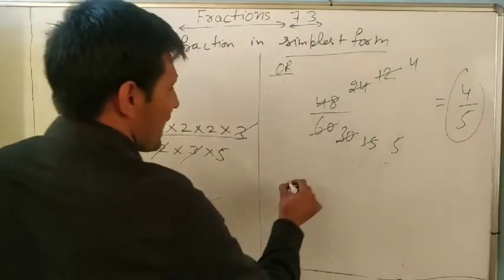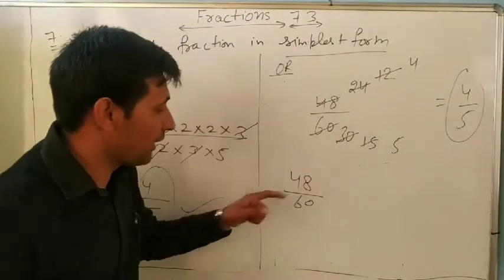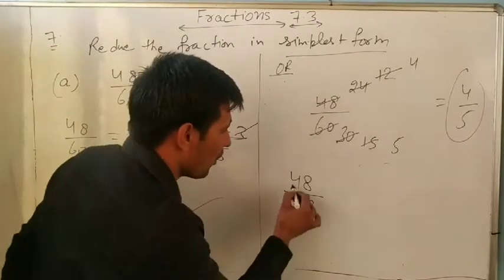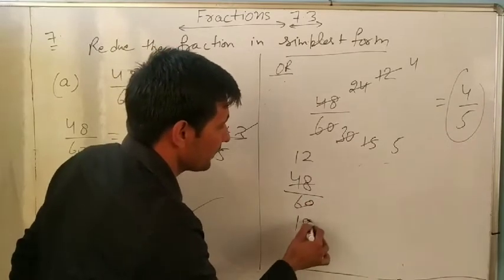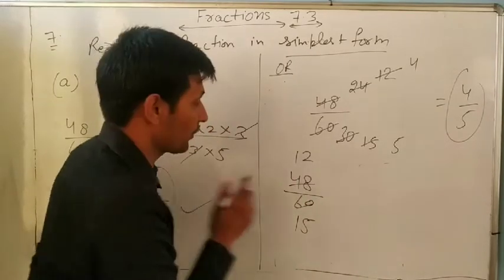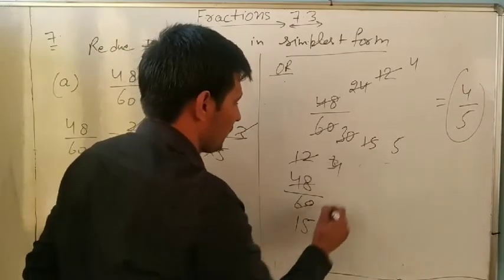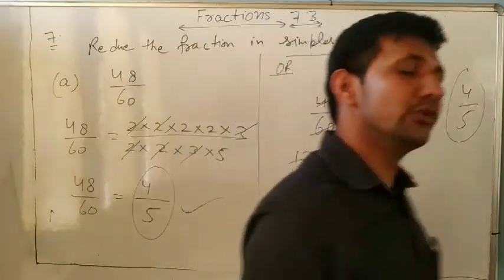And if anyone knows directly, it is the table of 4, because 4, 12, 4, 15. Yes, both are divided by 4. Now divided by 3, 3, 4; 3, 5. So any one method you can use.